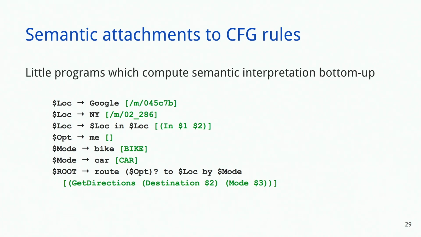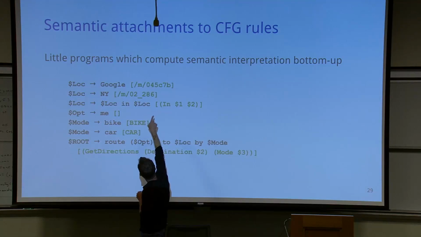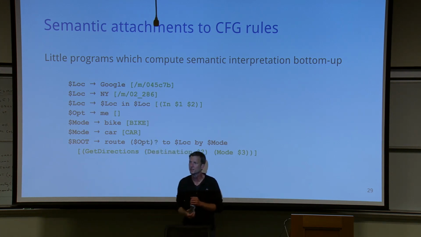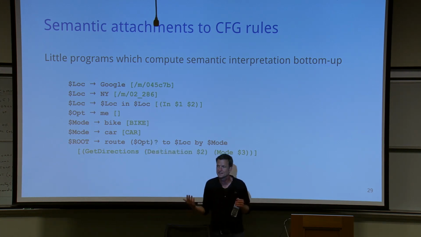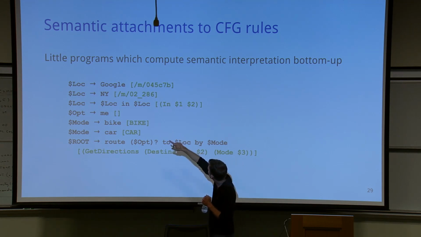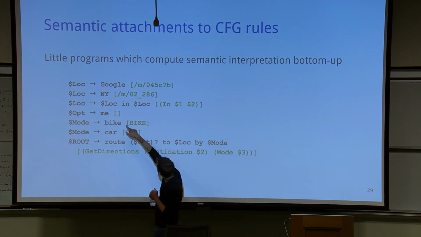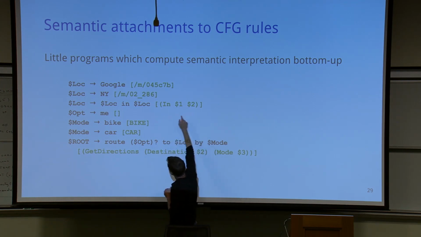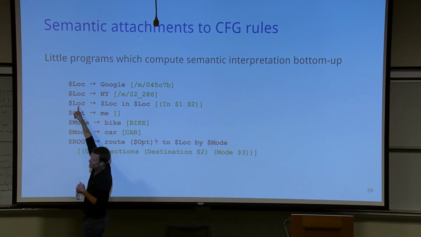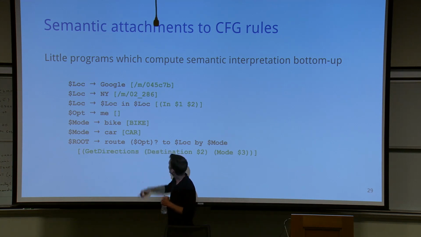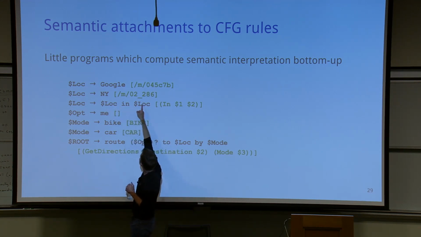So for Google, this one is very straightforward. The semantics for Google is just going to be a freebase ID, which means Google. It's the entity Google. And similarly for New York. For $loc in $loc, this thing says the way to construct the semantics for this $loc is to build it up out of the semantics for this $loc and this $loc.